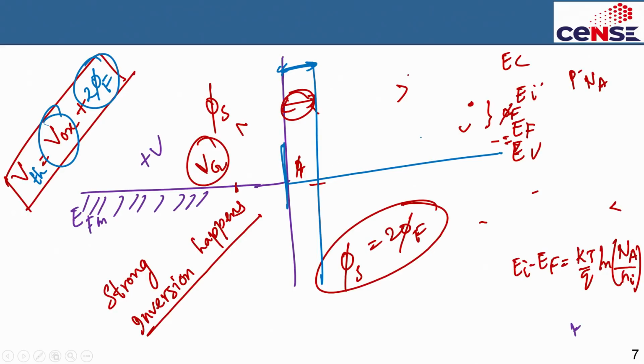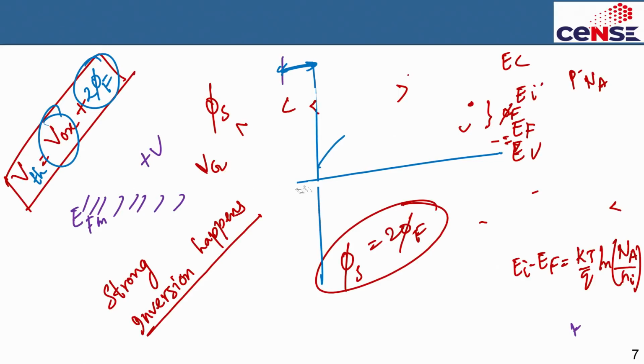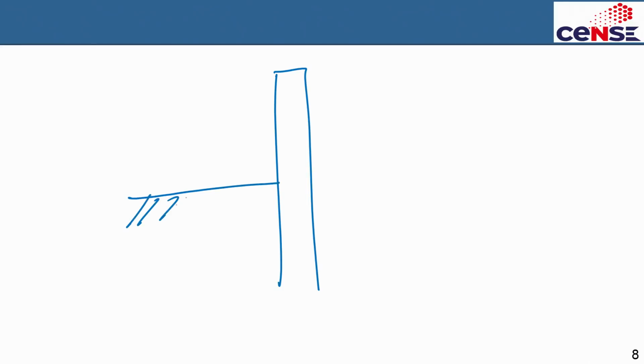This is not the Fermi level, by the way, okay, sorry. I don't know why it's not erasing here, but anyway, let me use a different figure here. So this is the oxide, this is the metal Fermi level EFM, okay.